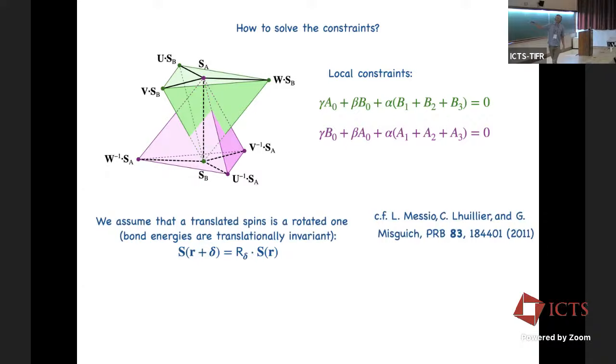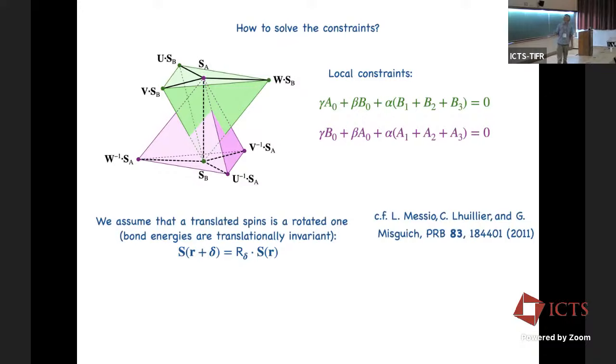And if we apply the same operator along the same bonds, we will know that those energies, the scalar products, will always be equal. Similarly, we can define a U matrix for the edge that is pointing in another direction, and V for the third direction, and we choose S_A and S_B, the initial conditions, freely.